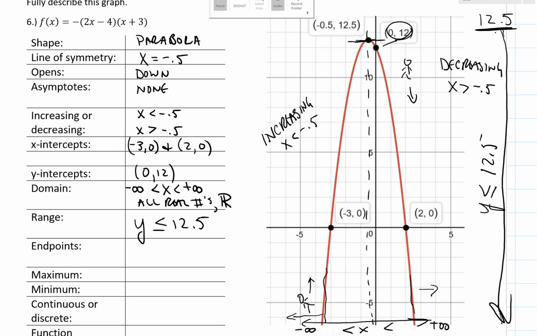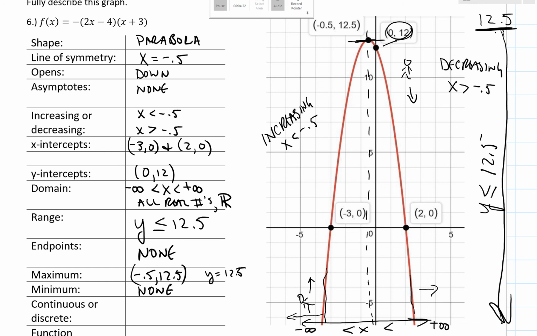Now endpoints are like what we have in a square root function, and there aren't any in a quadratic, so this is none. The maximum point is going to be negative 0.5 comma 12.5. Sometimes we'll say the maximum is y is 12.5. There isn't a minimum, so it's none.